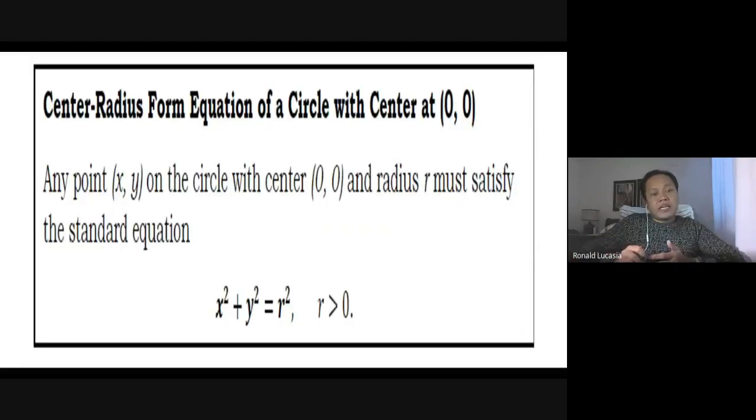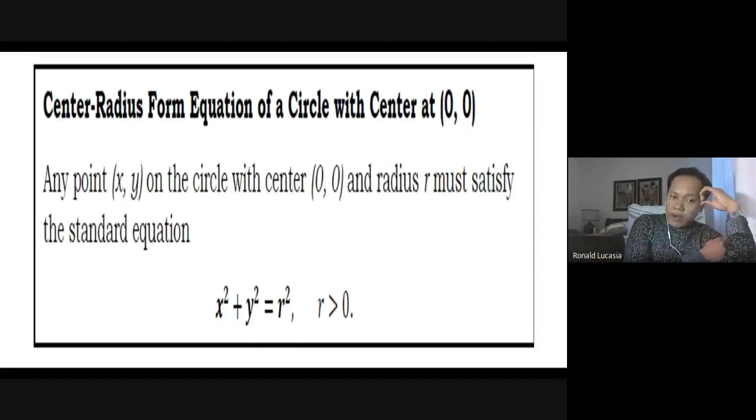Next is the center-radius form equation of a circle with center at (0, 0). Any point (x, y) on the circle with center (0, 0) and radius r must satisfy the standard equation: x squared plus y squared is equal to r squared, where r is greater than 0.